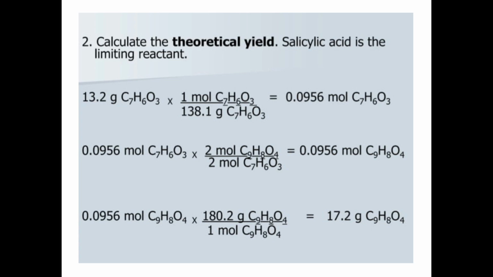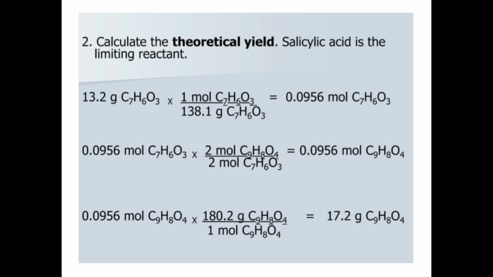So we know that 13.2 gram of salicylic acid will be equivalent to 0.0956 mole of the salicylic acid. How do we do that? You divide by the molar mass. You want to convert the mass to moles. So that's what we did here. So we got 0.0956 mole of salicylic acid.